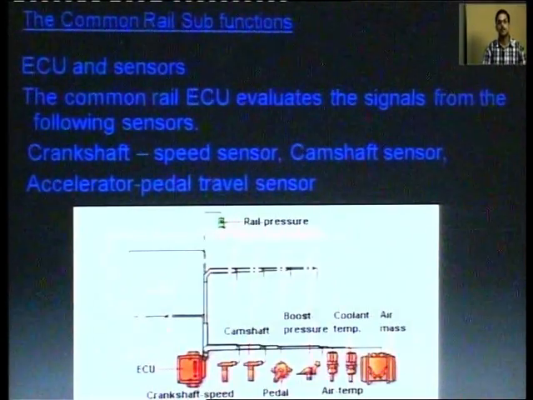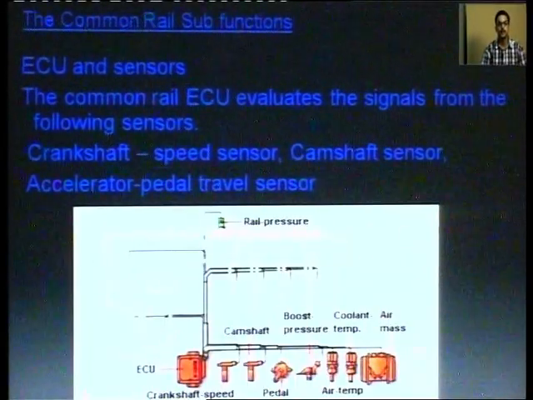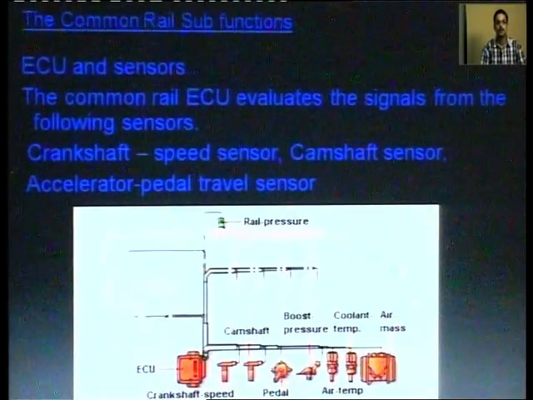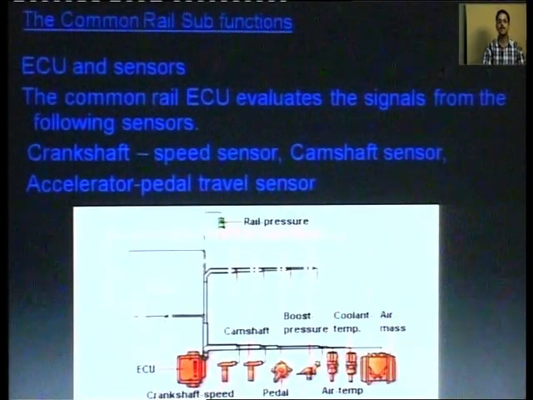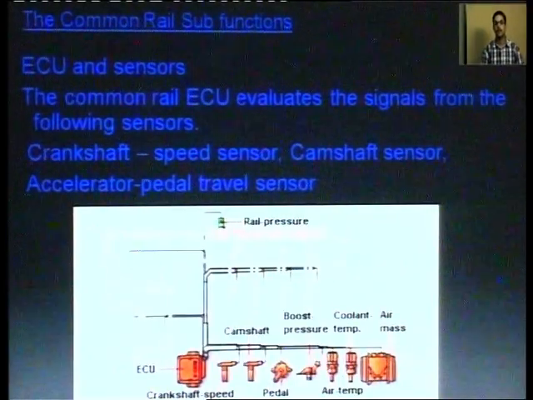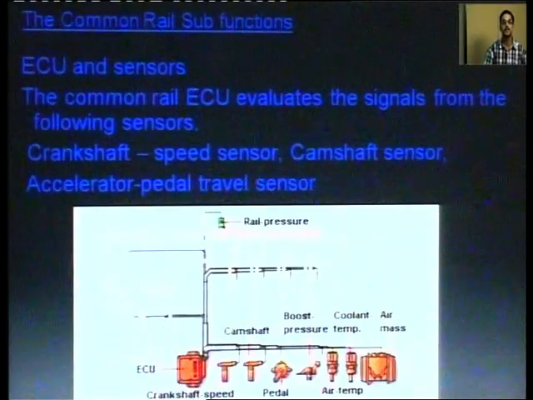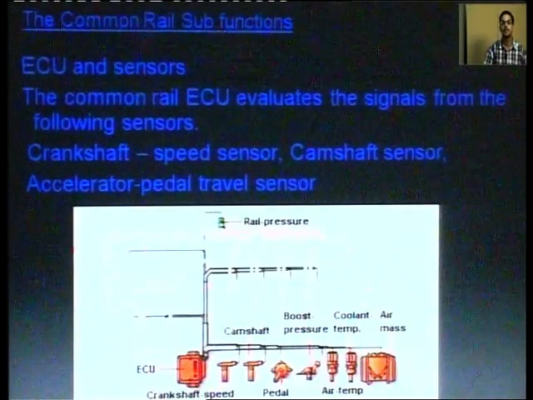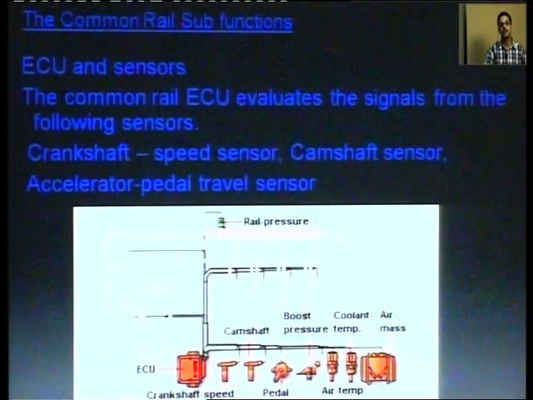Now the common rail sub-functions. Electronic control unit and sensors. The common rail electronic control unit evaluates the signals from the following sensors: crankshaft speed sensor and accelerator pedal travel sensor.